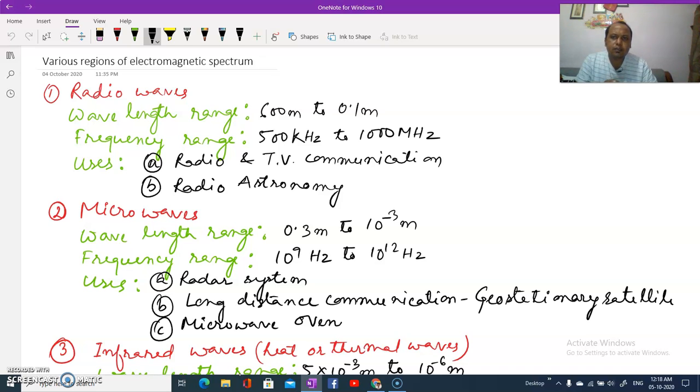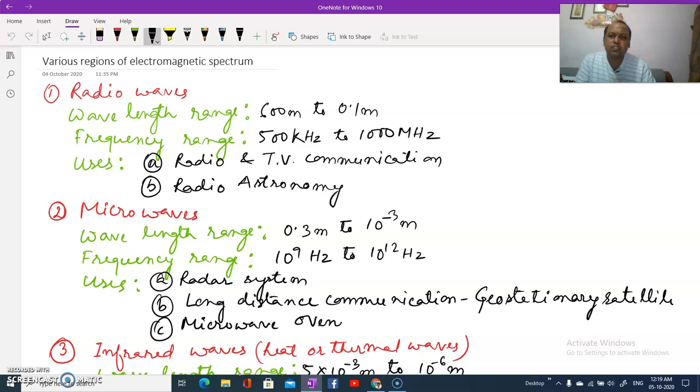We start with the extreme right side, where the electromagnetic wave is radio wave, which is having maximum wavelength but minimum frequency, so very less energetic here. The wavelength range you can see is 600 meter to 0.1 meter. It's quite a high range. Wavelength is the largest, but frequency is minimum, very less, 500 kilohertz to 1000 megahertz.